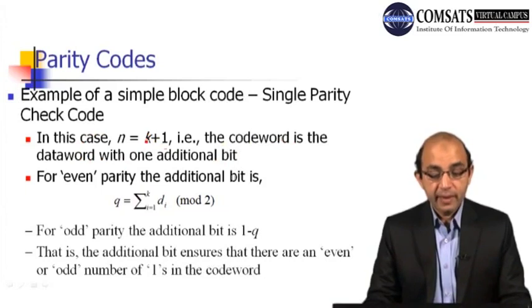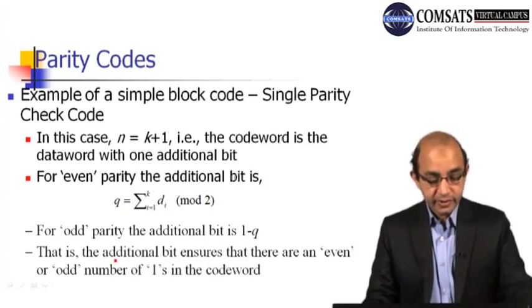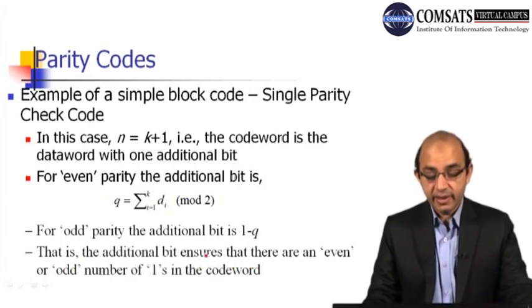So k plus 1, this one is the redundant bit, so the code length will become k plus 1. For even parity, the additional bit is the sum of di modulo 2, and for odd parity, the bit is 1 minus that sum. The additional bit ensures that there is an even or odd number of ones. So this is the mathematical representation of the parity code.